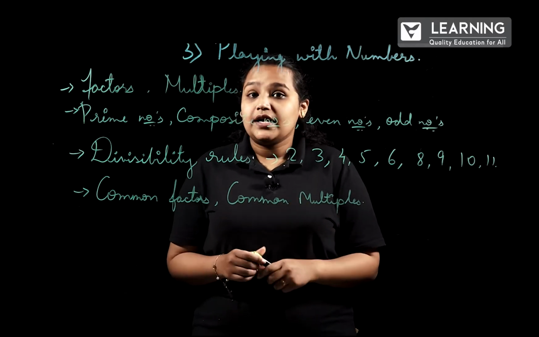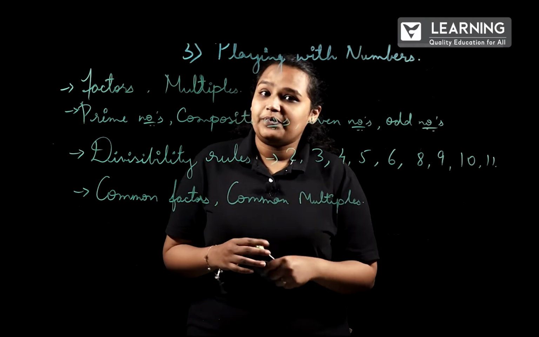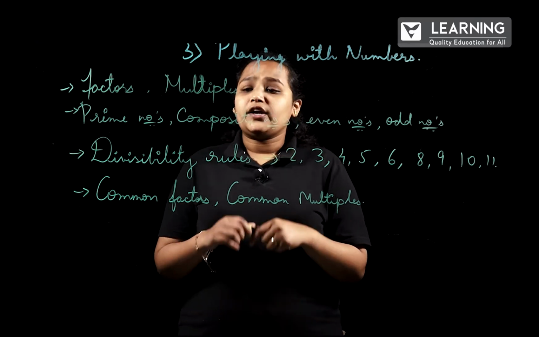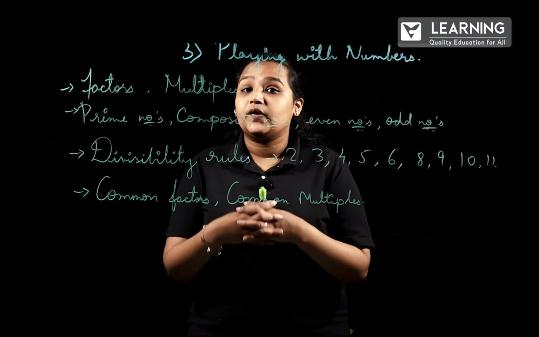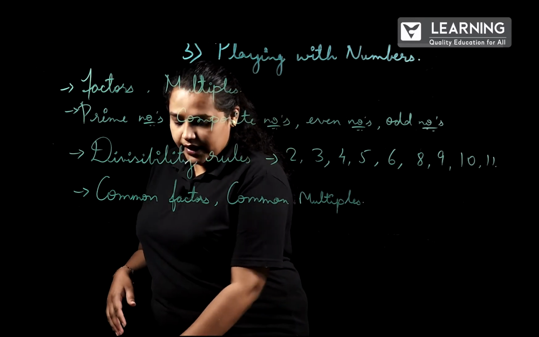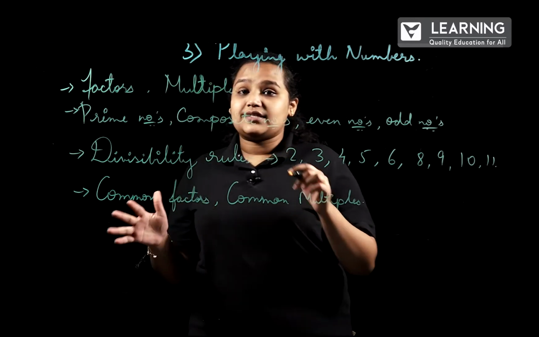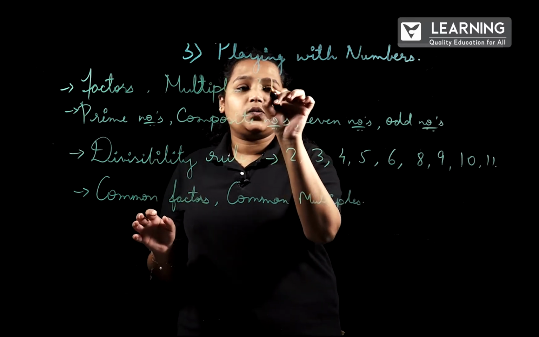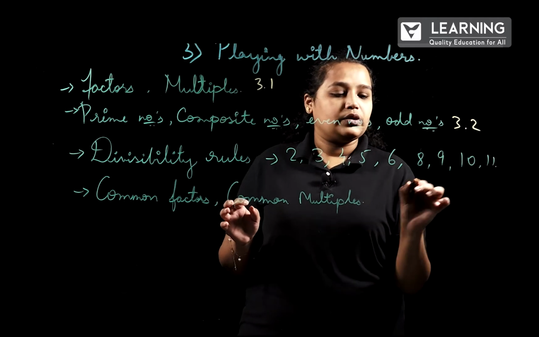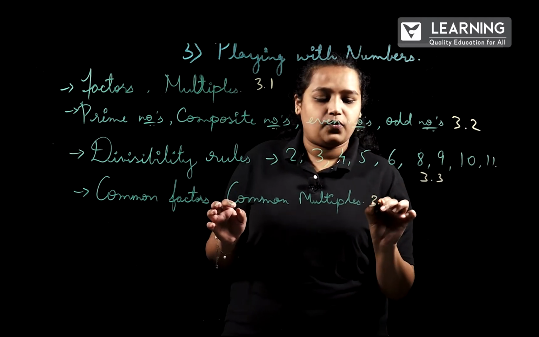What is that? How to find co-primes of the numbers, right? So I hope till this you have understood very well, and we have also solved the exercises topic-wise. We have solved exercises 3.1, 3.2, 3.3 and 3.4.